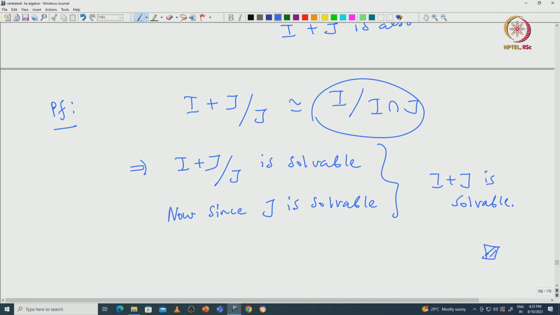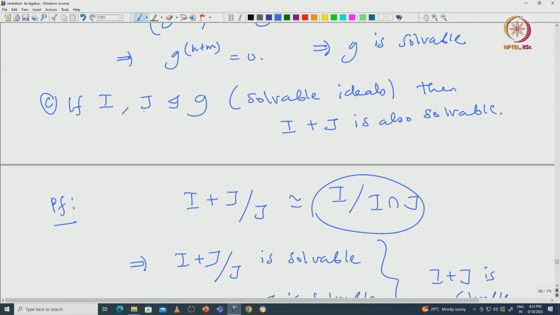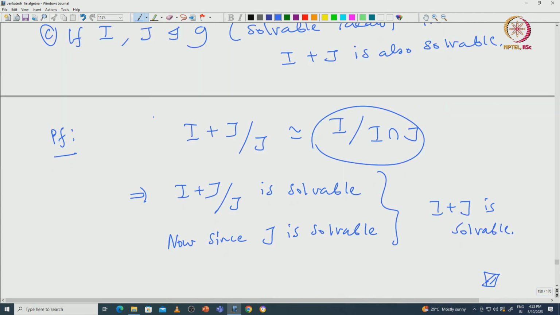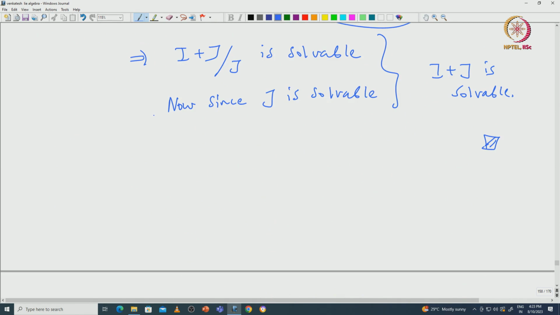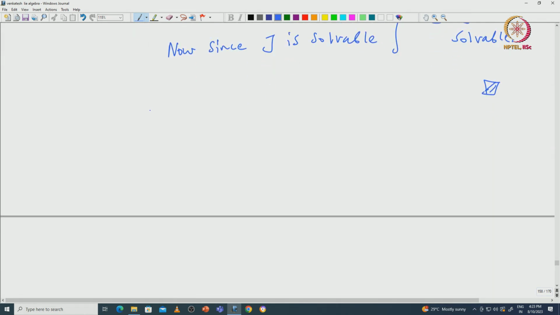Now, this proposition allows us to define what is called the radical of a Lie algebra, because what we indeed proved is that if you start with any two solvable ideals, then their sum is again solvable. So, that tells us that if you take what is called a maximal solvable ideal, then it must be unique. So, let us see why it is unique.